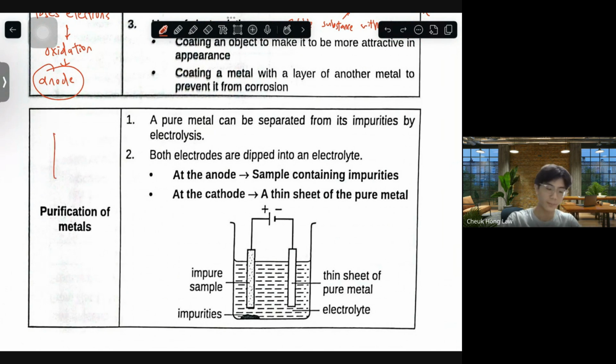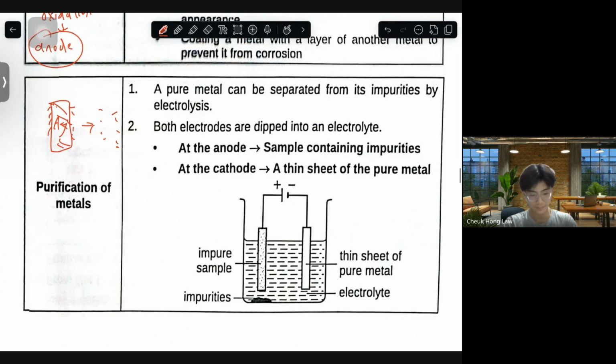So let's say you have a pure metal of silver, and there are some impurities here. Purification is basically removing the impurities. But how it actually works in the electrolysis process is you remove the metal so that you are left with the impurities. That's how they like to remove it.